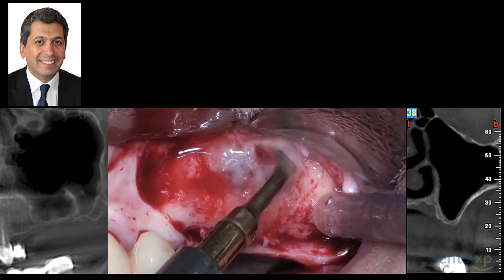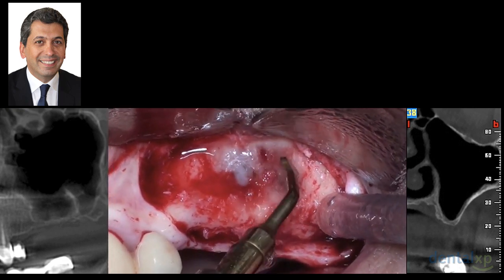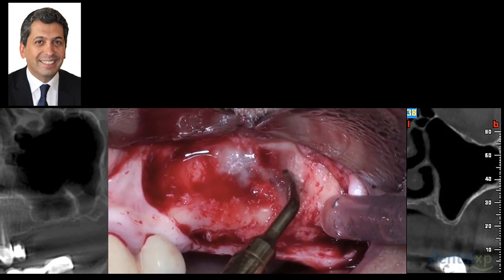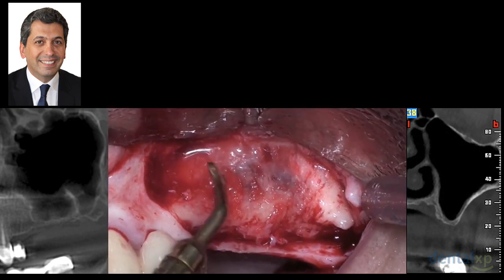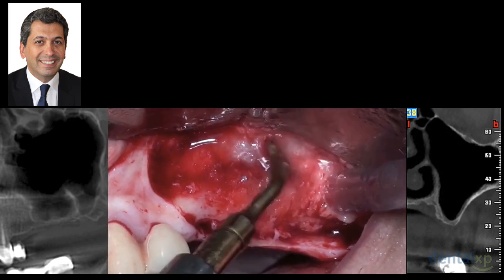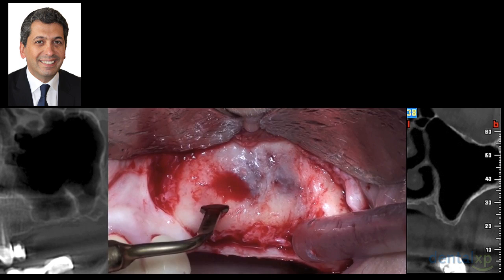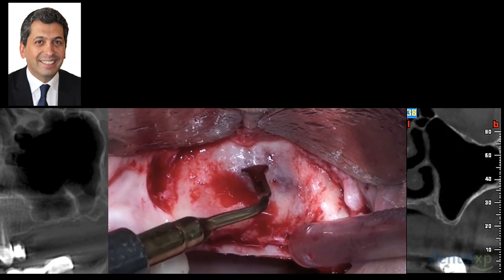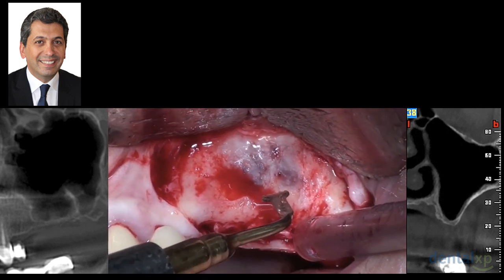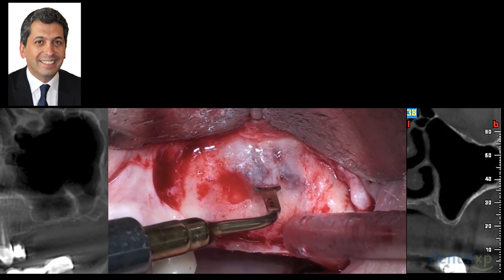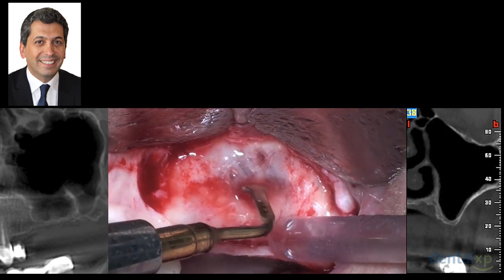You can see that now we can visualize the sinus by transparency. This bluish appearance of the bone is due to the fact that the bone is very thin now, and this is the bluish appearance of the Schneiderian membrane that you can see.